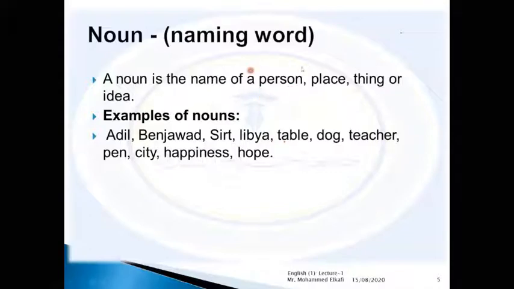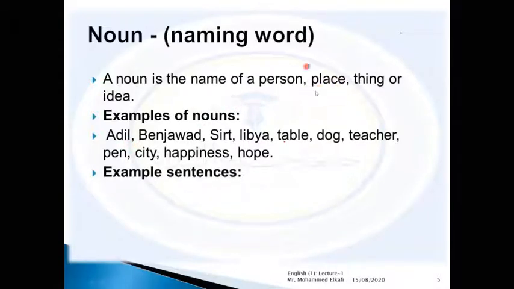When you say a person, here we think of Adil, Ahmed, Muna, which are examples of names of persons. It can be girl also, boy, man, woman.